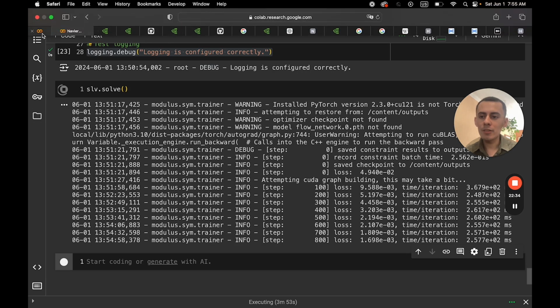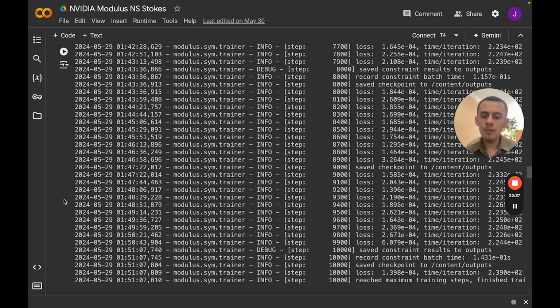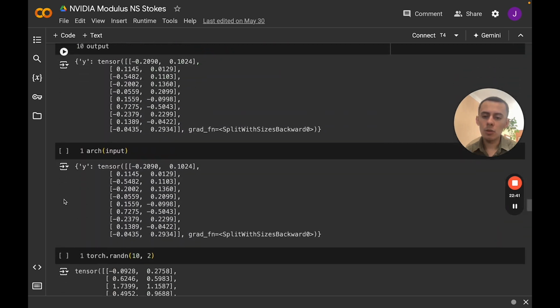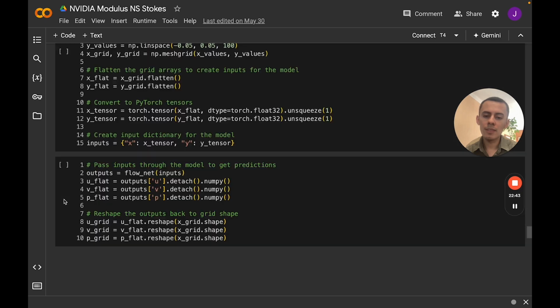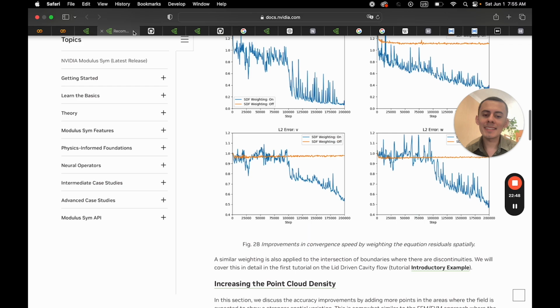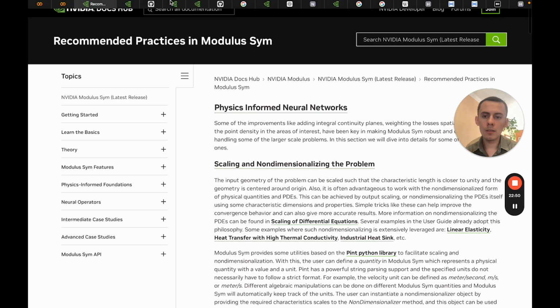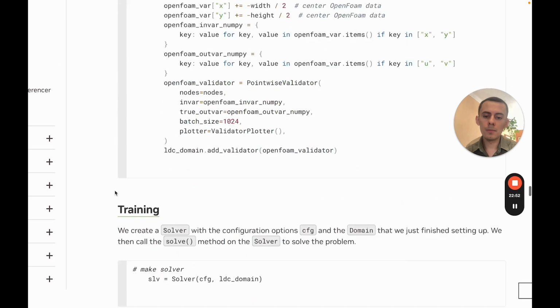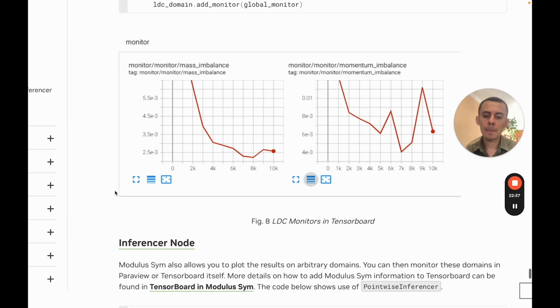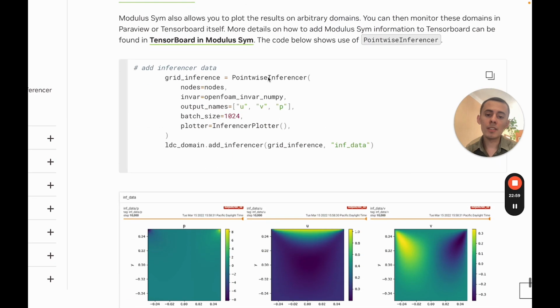So in our case, that's going to be looking like this. In a moment I'm going to show you. So then we can get the visualizations, right? Which is what they do with more niceties, like the pointwise inferencer, which we didn't add because we don't need it if we know how to manipulate the output.